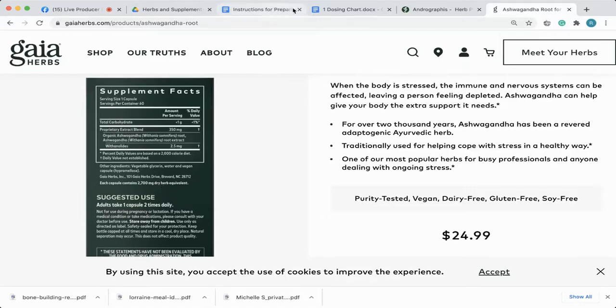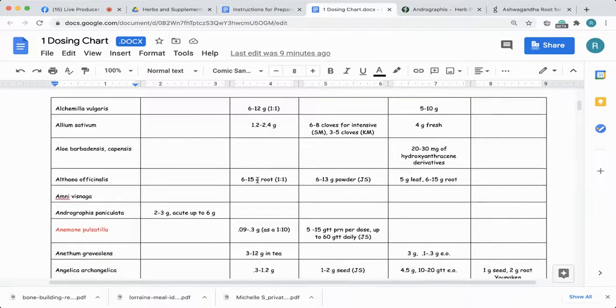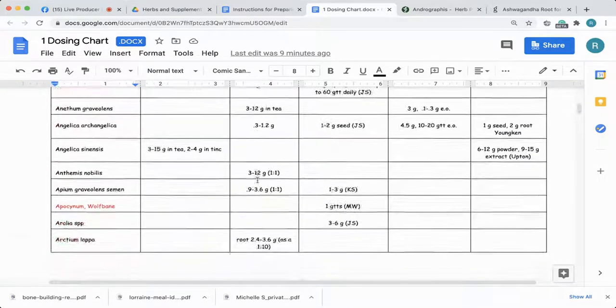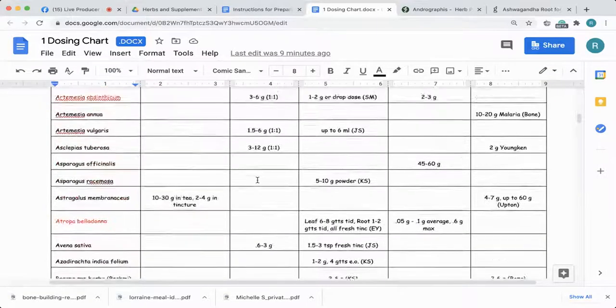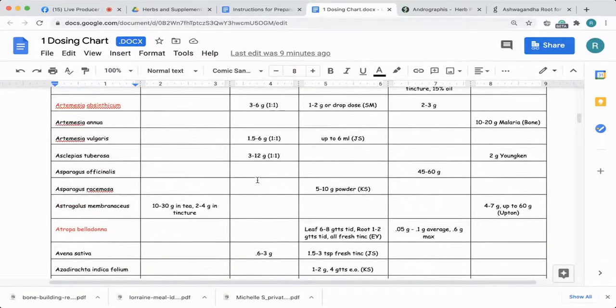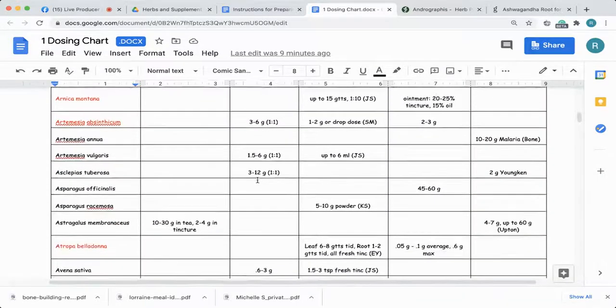And so if we go to our handy dandy dosing chart, let's look up ashwagandha. What is our ideal dose of ashwagandha? Now, that's preposterous. I don't have ashwagandha on here. That is a major oversight. I never realized that.